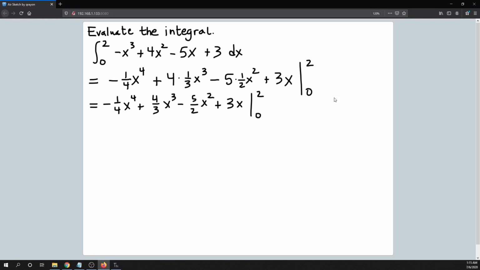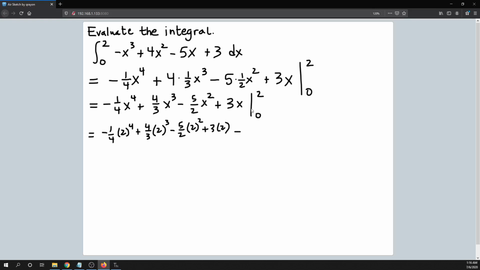So now I've got my antiderivative as simple as possible, and I'm going to evaluate it at 2. So in other words, take this 2 and plug it in here. So I'd get negative 1/4 times 2 to the 4th plus 4/3 times 2 cubed minus 5/2 times 2 squared plus 3 times 2.